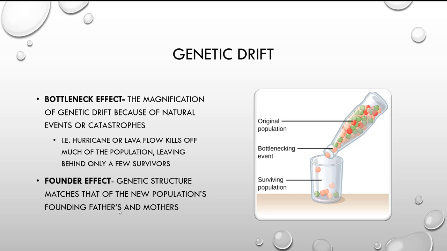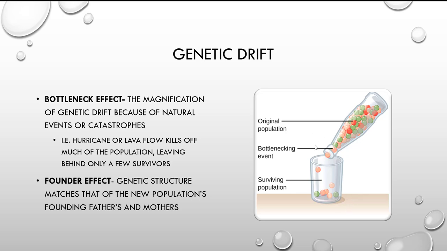Let's talk about the bottleneck effect. So the bottleneck effect is where we have the magnification of genetic drift because of some sort of natural event or catastrophe. So the video talked about how, just due to chance, due to like a wildfire or a forest fire, there's no natural selection or anything like that involved, but the surviving population was just left due to chance, okay?